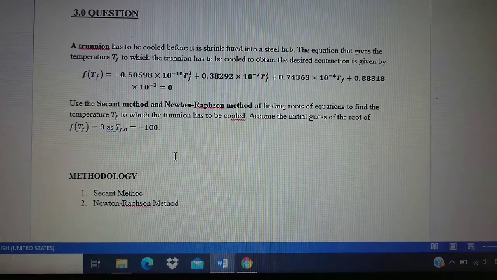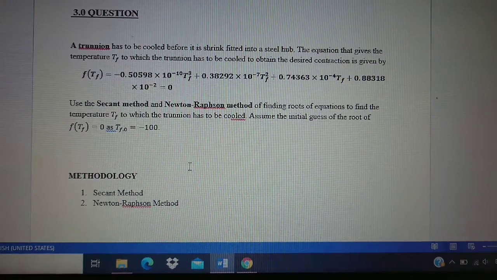Use the secant and Newton-Raphson methods of finding roots of equations to find the temperature Tf to which the trunnion has to be cooled. Assume the initial guess of the root of Tf = 0 as Tf0 = -100.